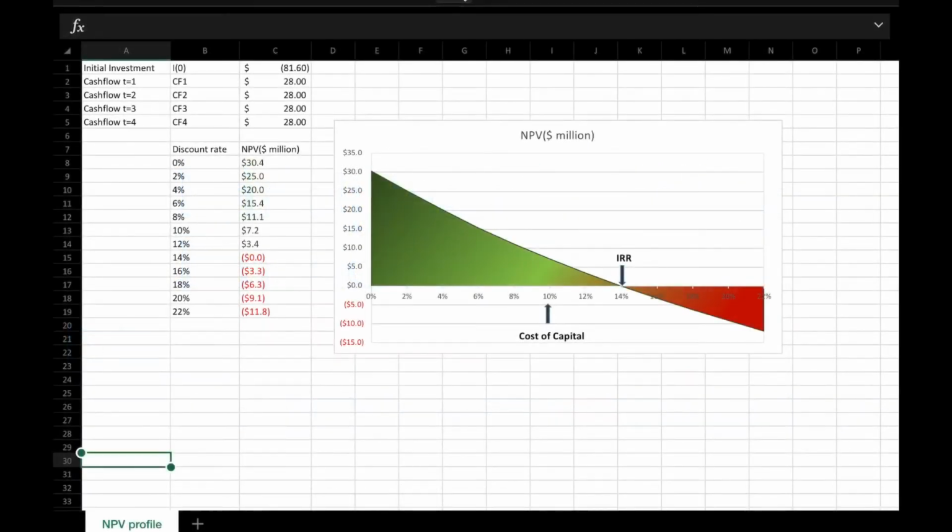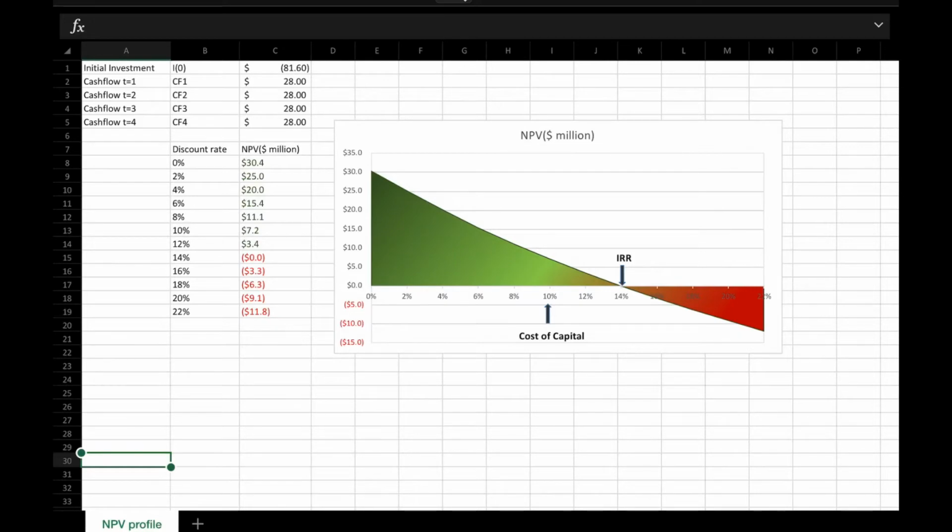In this video, I'm going to talk about the NPV profile. So first of all, what is an NPV profile? As you can see in this Excel spreadsheet, the NPV profile is a graph of a project's NPVs over different discount rates.